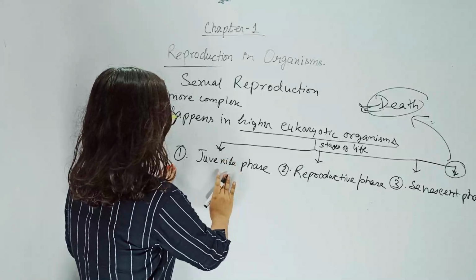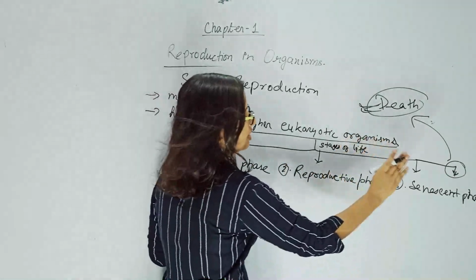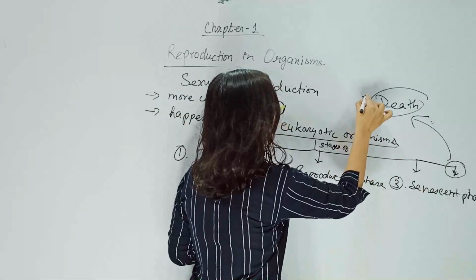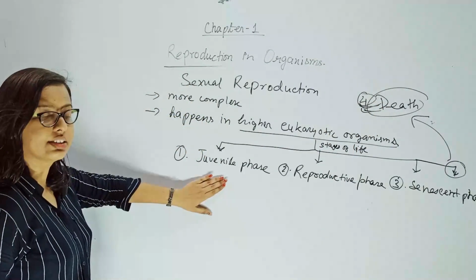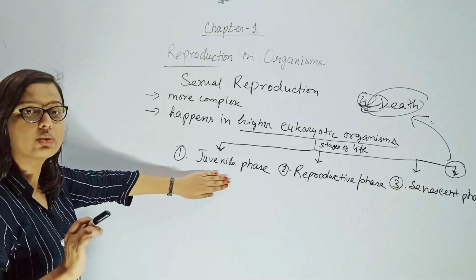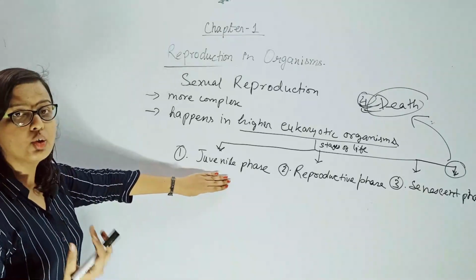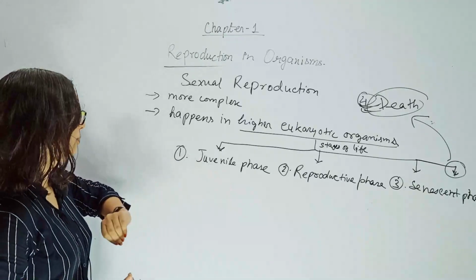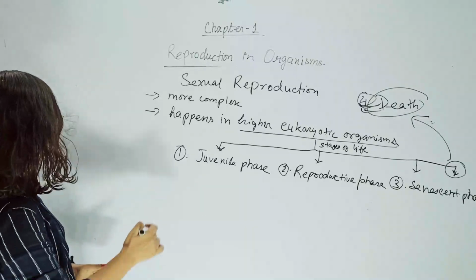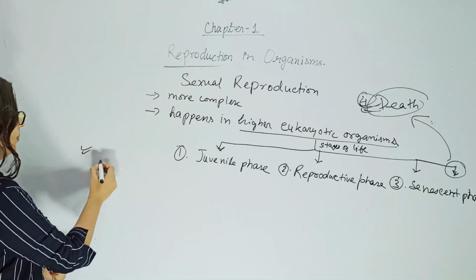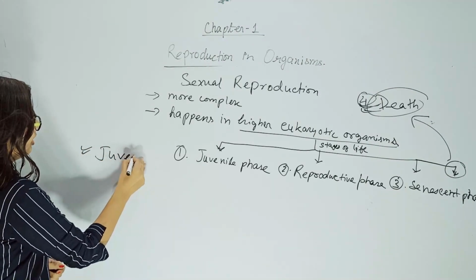First one is juvenile phase, second is reproductive phase, third is the senescent phase. So what is juvenile phase? This thing you can be asked to define in 2 marks questions in your board's exam. Let us see what is juvenile phase.